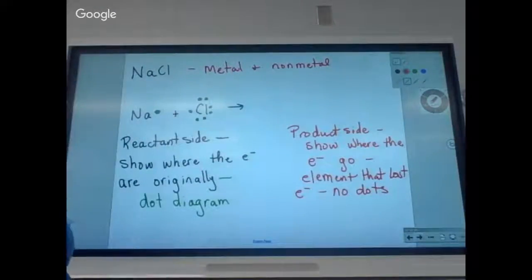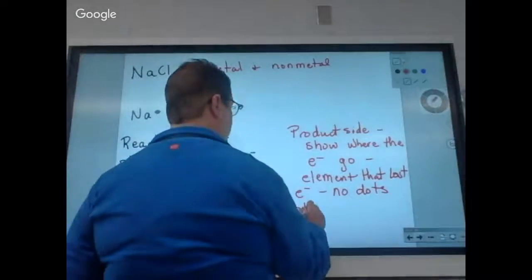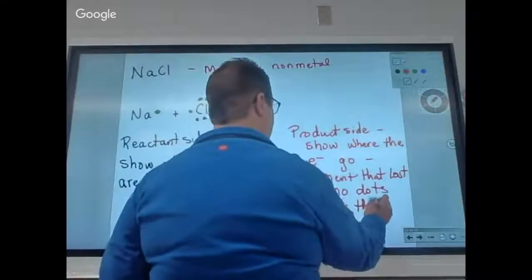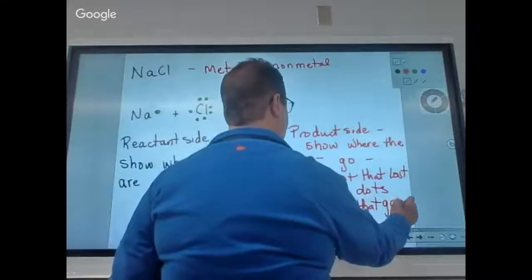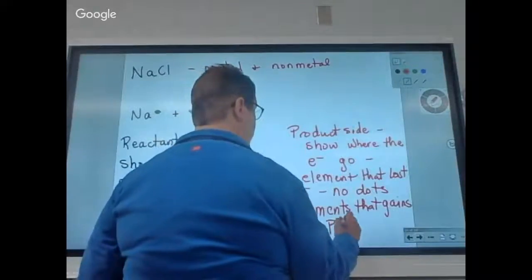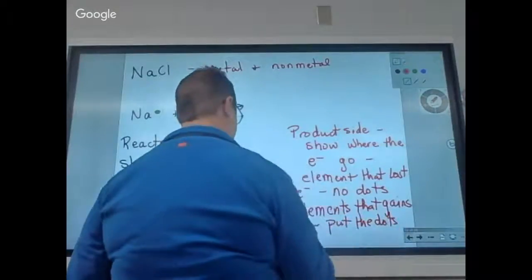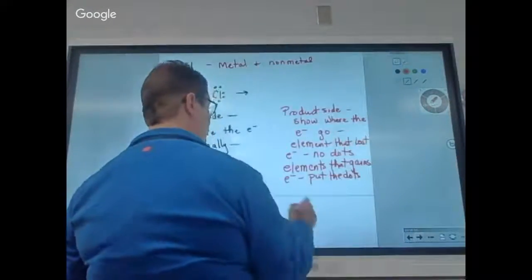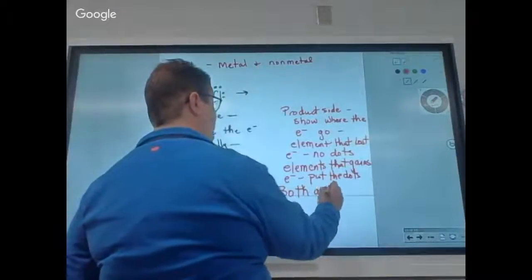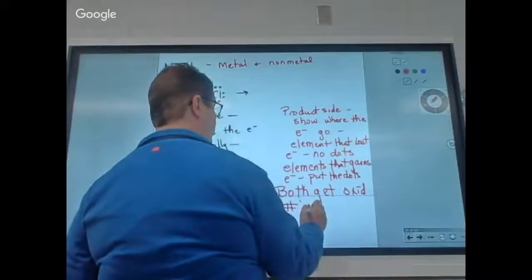The element that gains electrons, put the dots. And both get oxidation numbers.